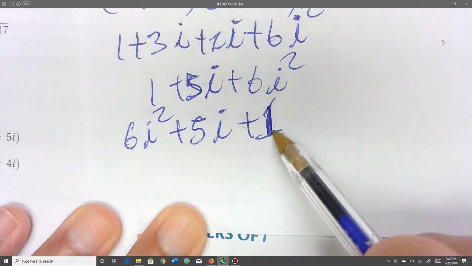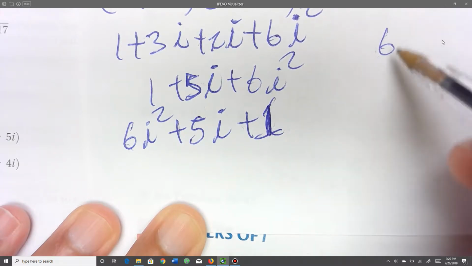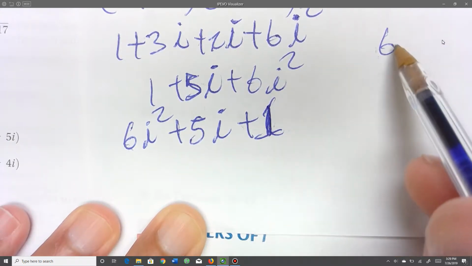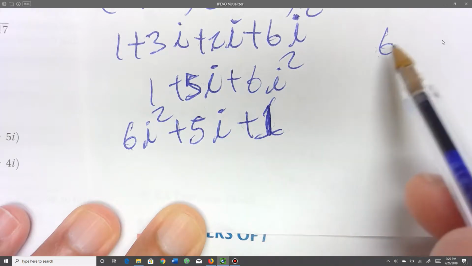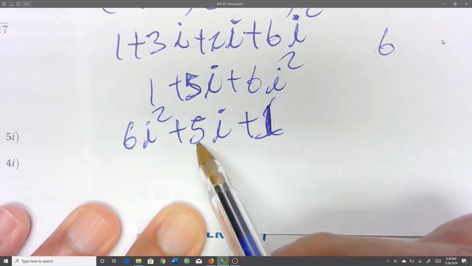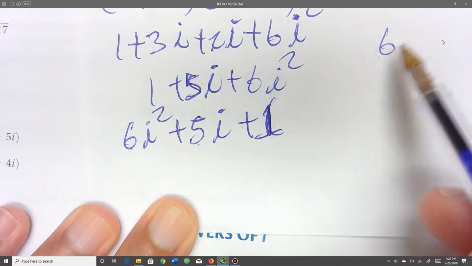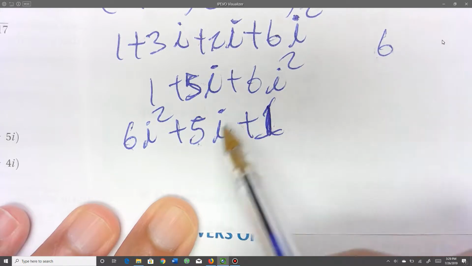So I multiply 6 times 1, which is 6. I keep that in mind somewhere over here. Now I need 2 factors that multiply out to 6 and add up to 5.